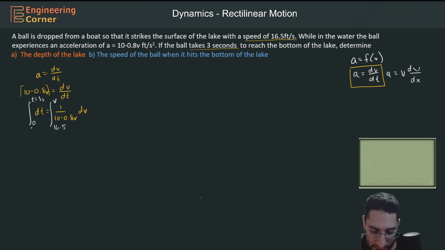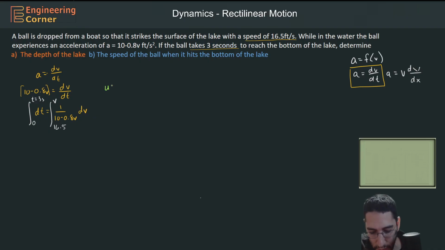So at time 0, we're moving at 16.5 feet per second. At 3 seconds, when we reach the bottom of the lake, we're moving at some velocity, which we need to solve for. And then this is where it gets a little trickier. You have to remember some stuff from calc if your calculator doesn't do this. But what we'll do is we'll use u substitution.